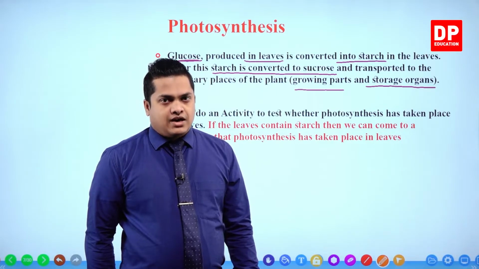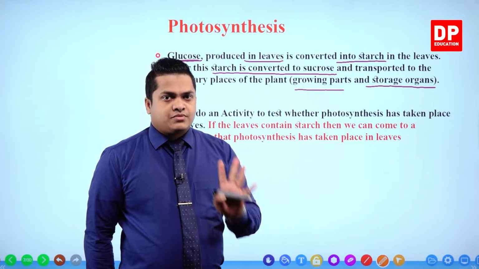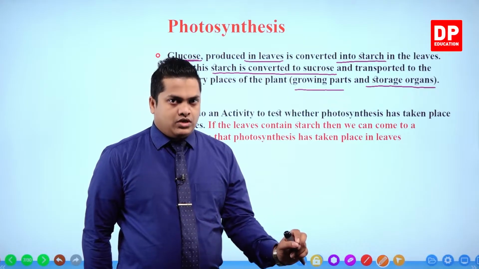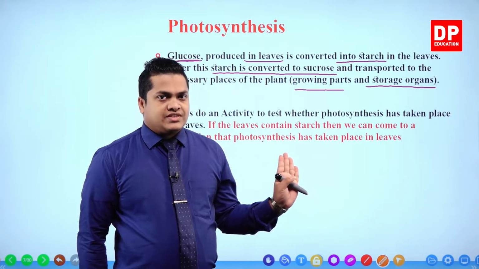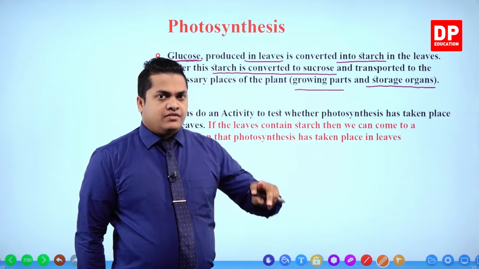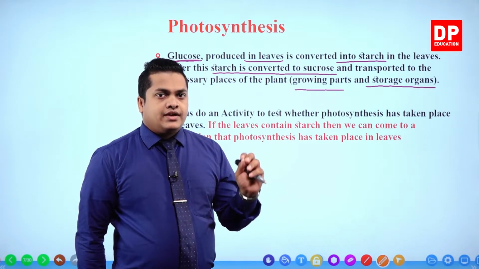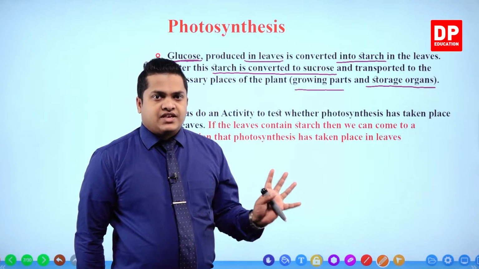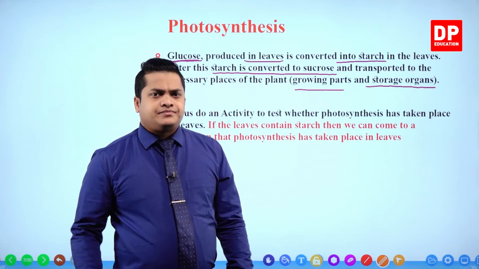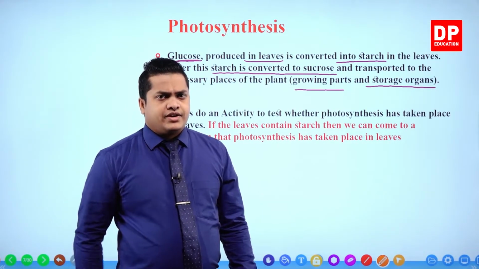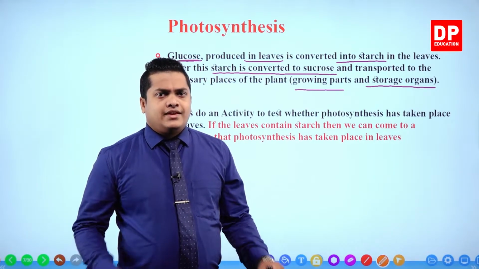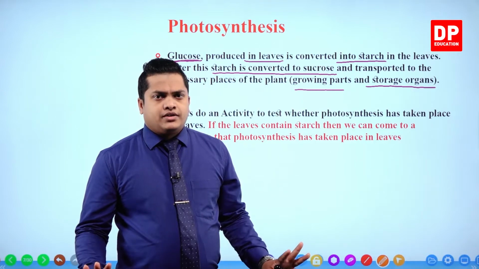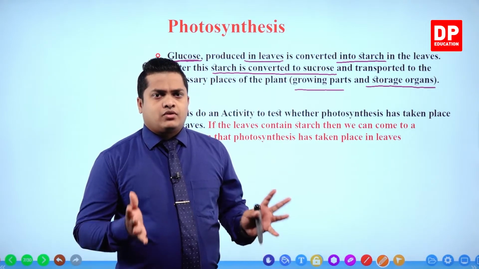So this is how simply the transportation process works, starting from glucose. Glucose is converted to starch, which is a good carbohydrate, temporarily stored within the leaves as starch. Then after that, it is once again converted into a sugar solution, or a sucrose solution, then transported all around the plant. Growing plants are growing.